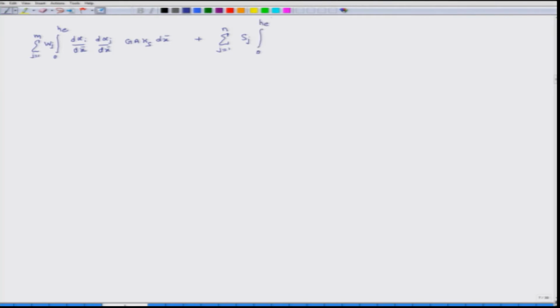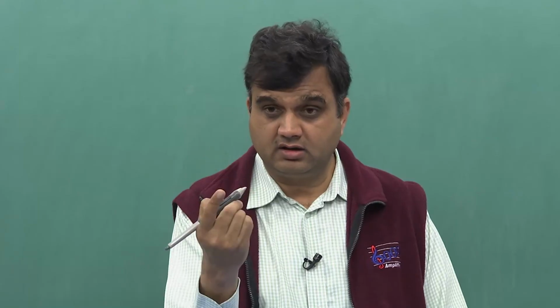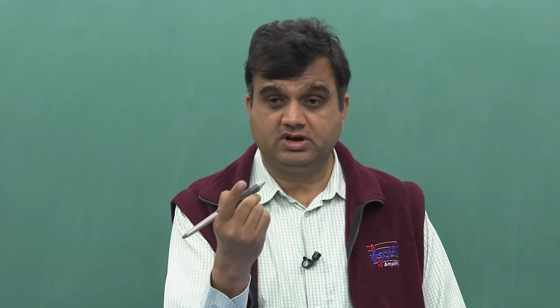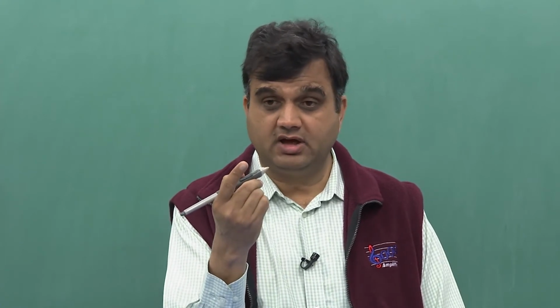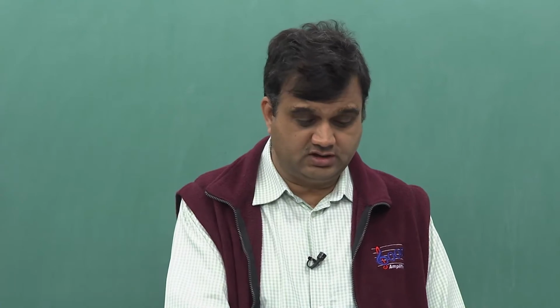Integral 0 to h e, t alpha I over dx, beta j, G A K s dx bar. The other thing is the first equilibrium equation was multiplied by weight function W1, and here we assume that weight function W1 is the same as alpha I. That is why we are getting this alpha I here.